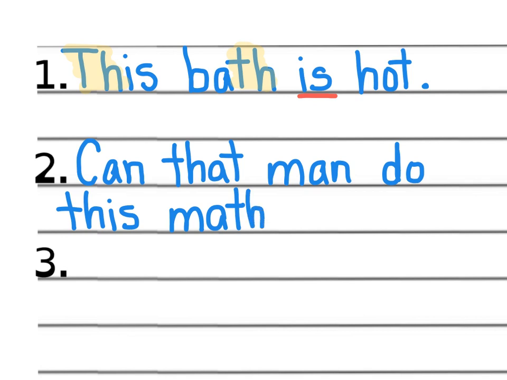math? Now, listen to how I read this. Can that man do this math? I am asking a question, so we need to make sure we put a question mark. Did you remember to start with a capital and have spaces in between your words? All right, so the only red word that we know in this sentence is the word do.